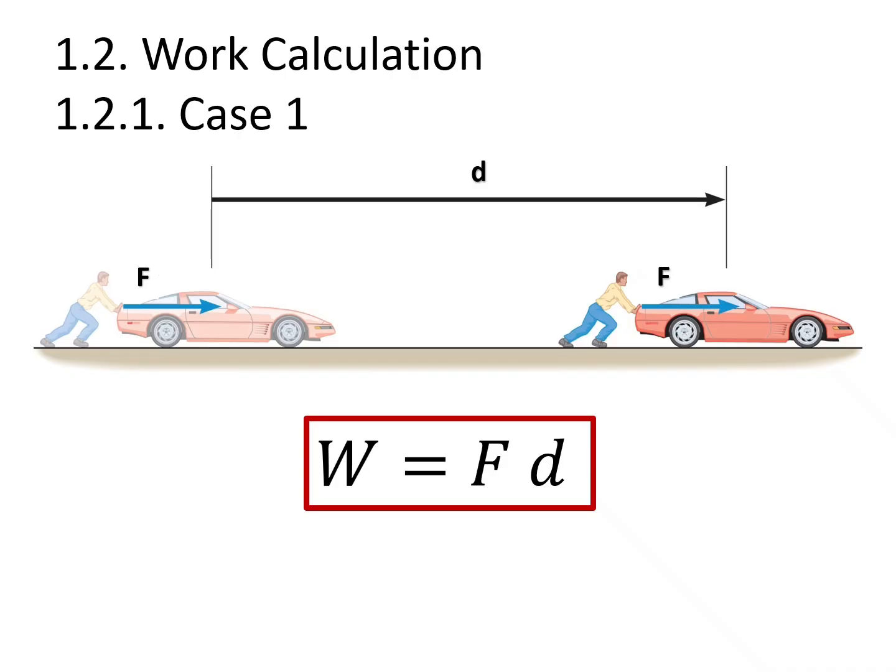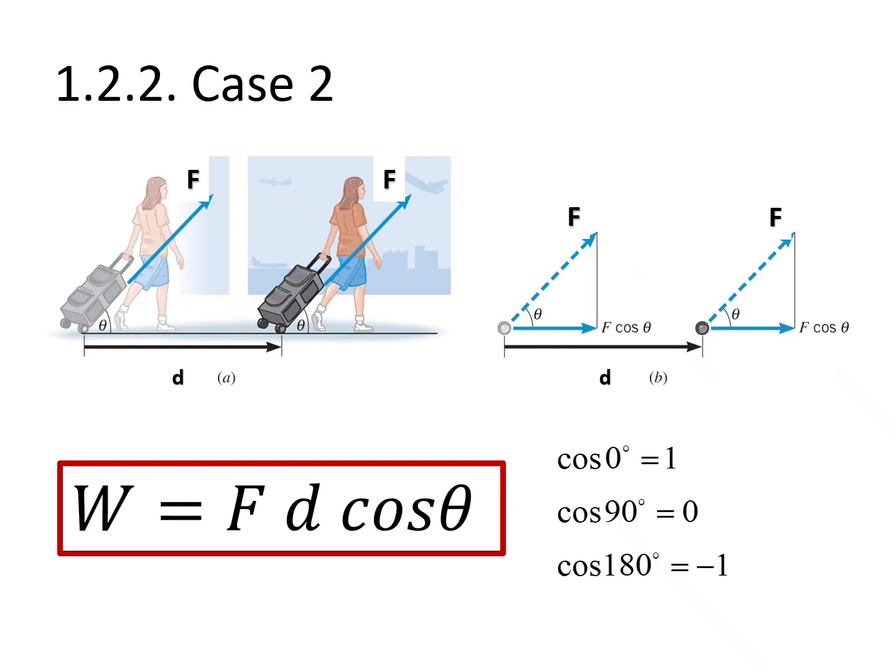The key idea for case 1 is when force and displacement point in the same direction, theta equals 0 degrees, so cosine theta equals 1 and the work is simply force times displacement.